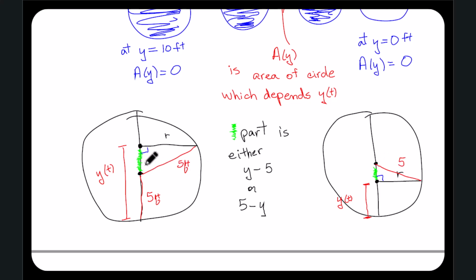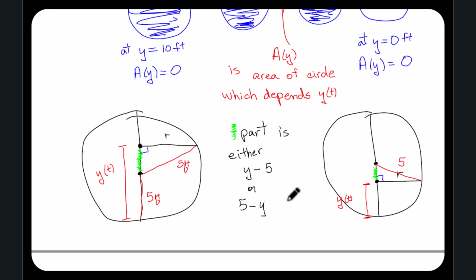The part in green is the important part, because I need this side for the Pythagorean theorem. If we are at this height, this is y of t, here's the 5 feet, and so the amount in green would be y of t minus 5. Whereas here, 5 is the big one, and y of t is under, so the green would be 5 minus y.